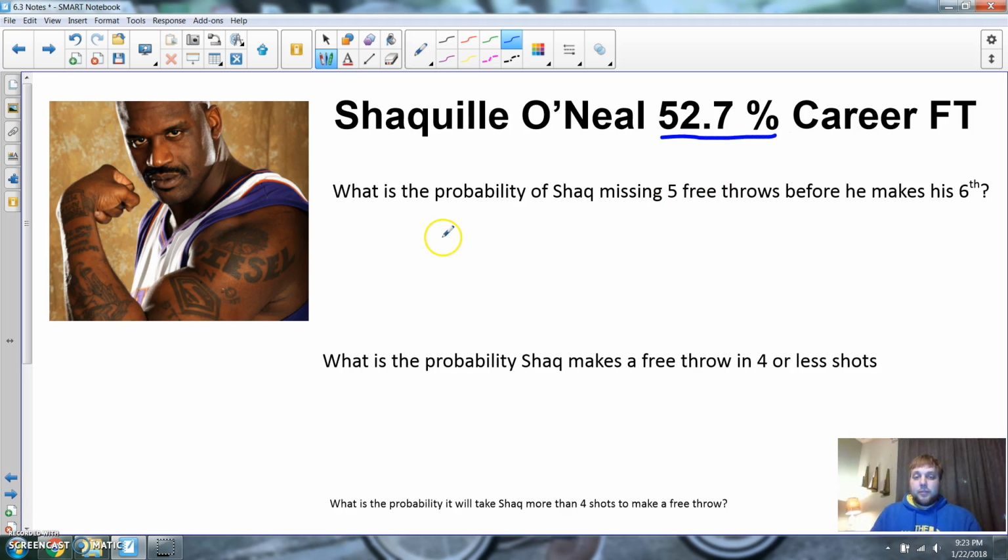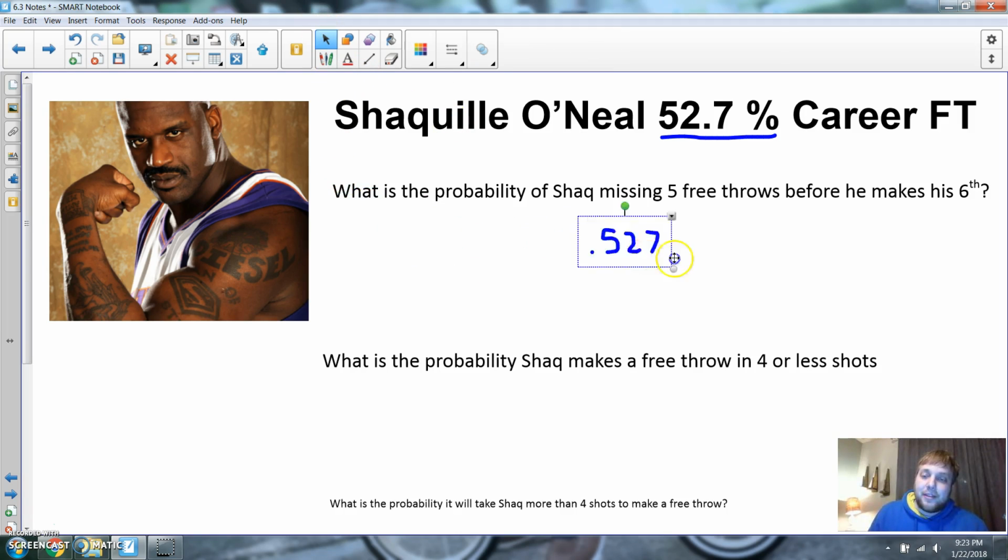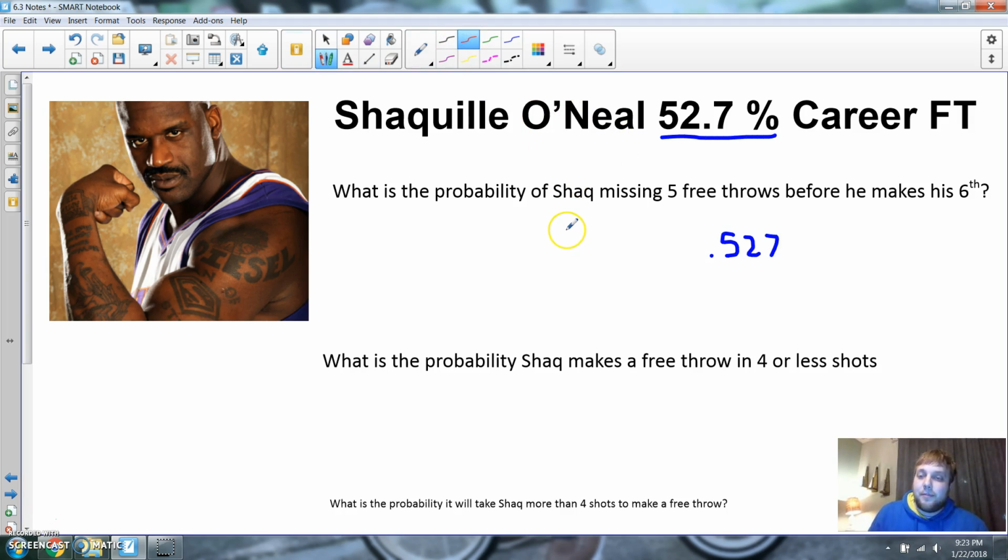Anyways, what's the probability Shaq misses 5 free throws before he makes his 6th? So, this is geometric, right? Because he's going to miss, miss, miss, miss, miss, and then finally make his 6th. So here's how I do it. I'm going to go 0.527. That's the probability he makes it. I want that to happen the 6th time, so there's going to be 5 previous of the opposite.